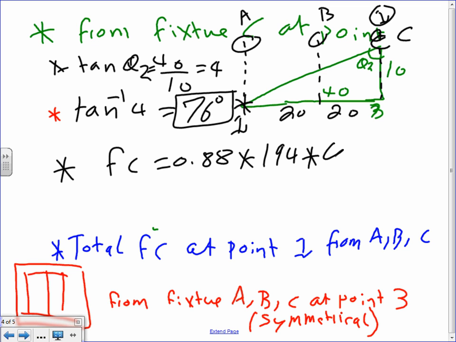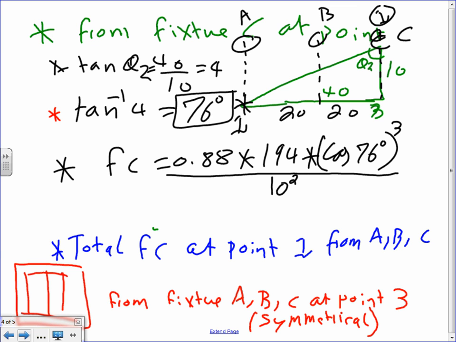Multiply this by cosine 76 raised to the power 3. Divide everything by 10 raised to the power 2. And that should give you a healthy, well, a healthy nothing almost. A healthy 0.024.